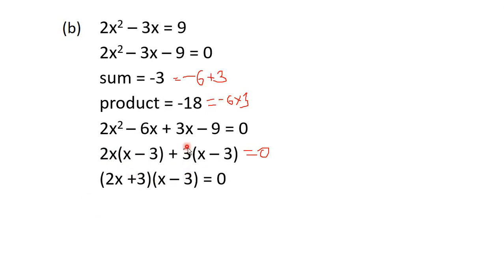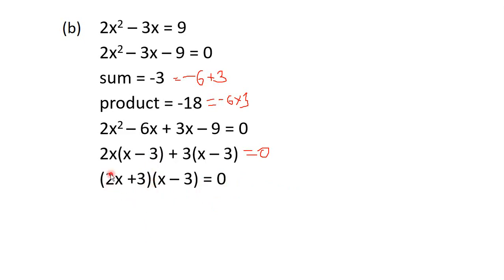Remember, when you have two brackets like this, it means that there is a silent multiplication here.